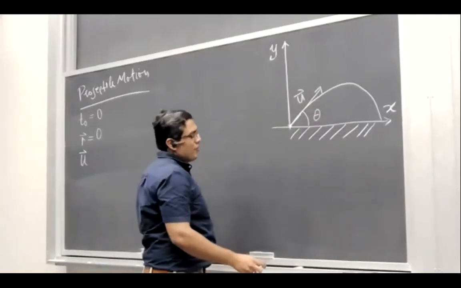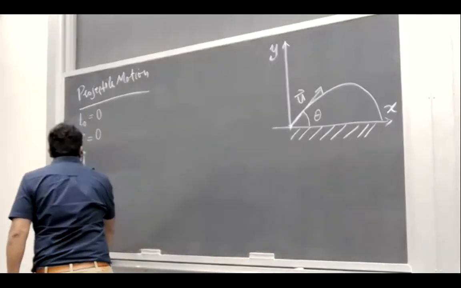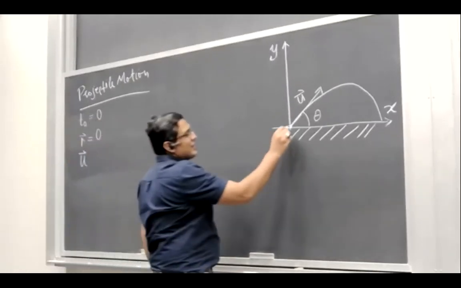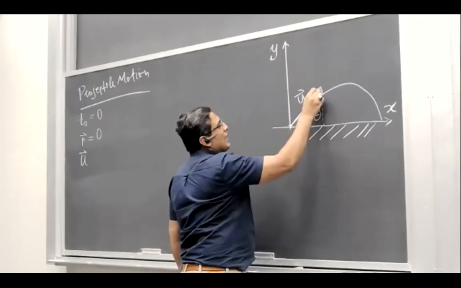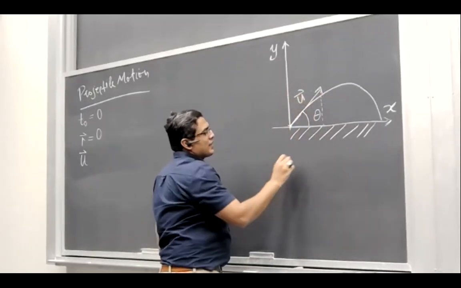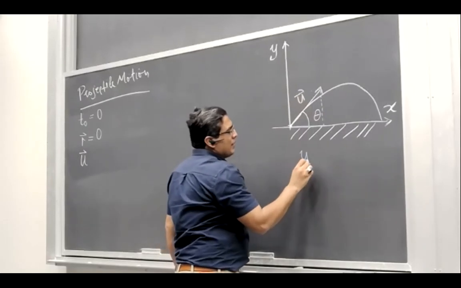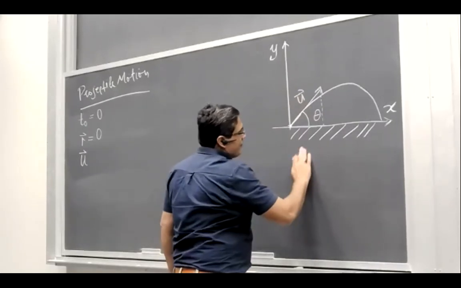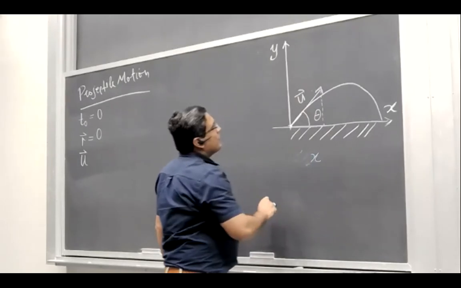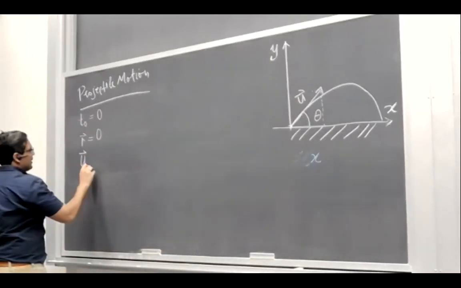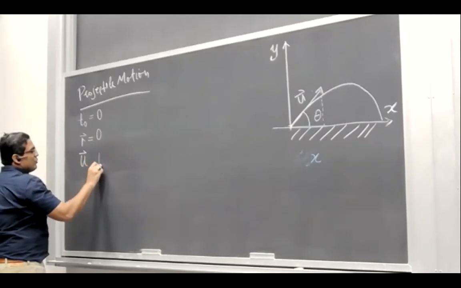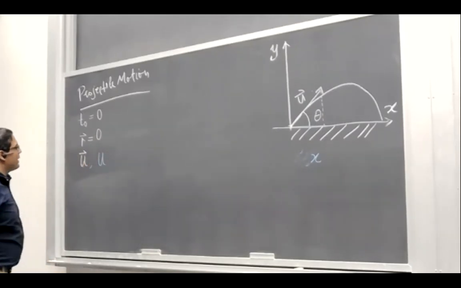Now, if we were to resolve this vector along x-axis in the coordinate system and the y-axis, the x component would be, let's say that u vector is the velocity, and the u without the vector is the speed or is the magnitude of this vector.